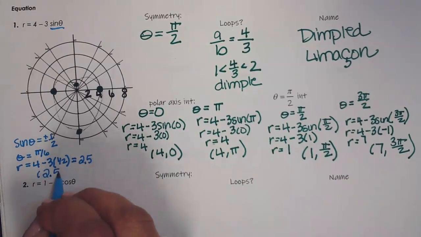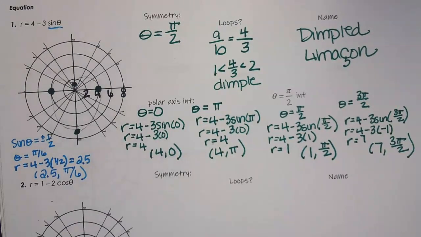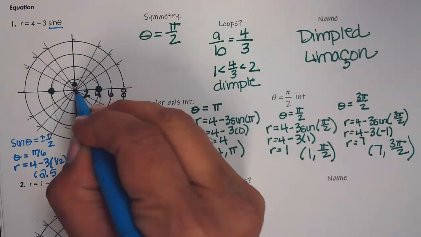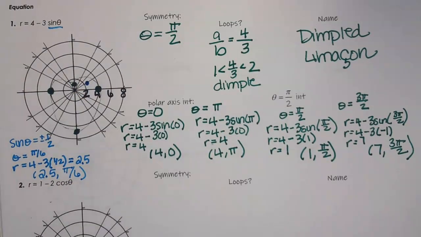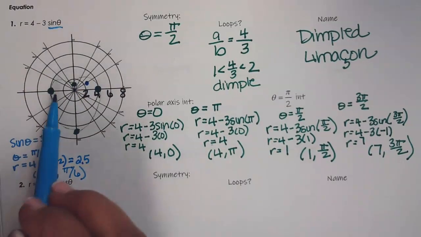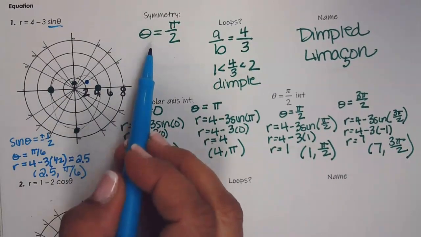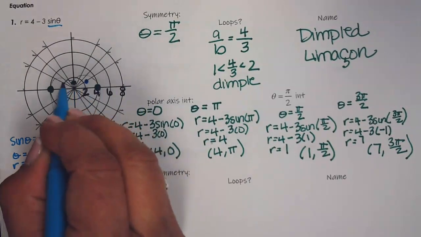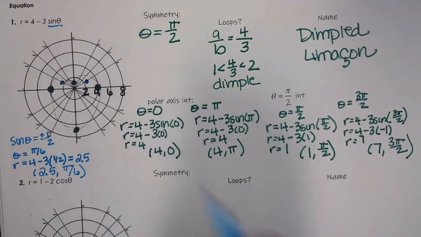So I'm going to have this point 2.5, pi over 6. Okay. So here's pi over 6, and I'm going to go 2 and a little more. Okay. Now, I'm not going to bother doing 5 pi over 6 because doesn't this have symmetry with respect to theta equals pi over 2? So that means that the 5 pi over 6 angle is going to be the same over here at 2.5.